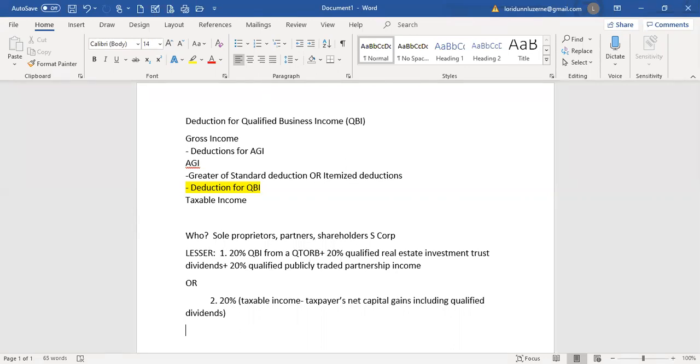So we need to look at the person's taxable income before the calculation of this deduction. If their taxable income is below the limit, it doesn't matter. Their income qualifies, they have QBI.